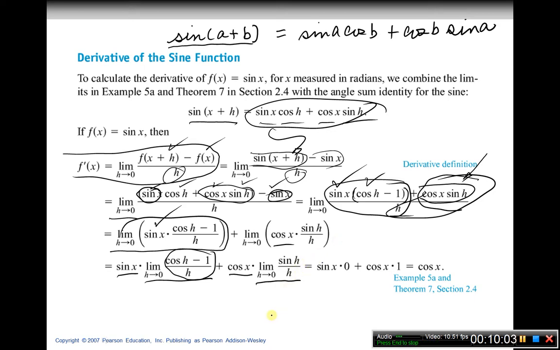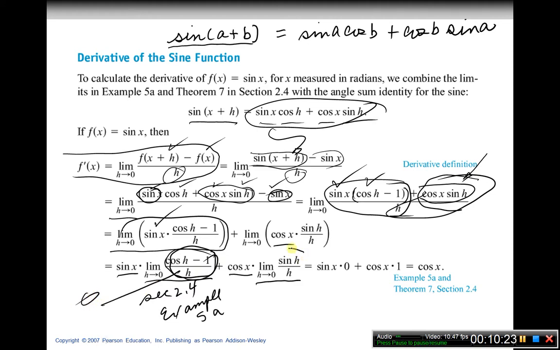Now, if you look in section 2.4 of the textbook, example 5a, you'll see that this limit is 0.